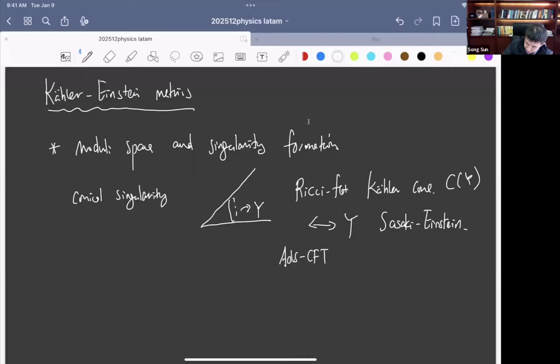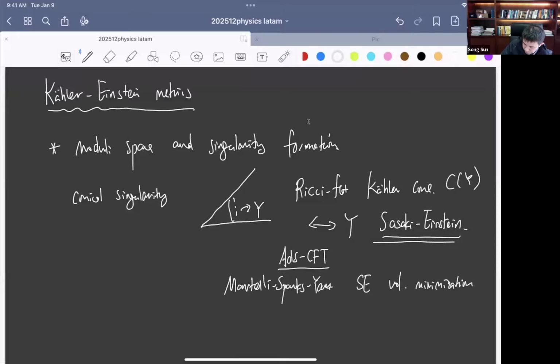But there are some relations using this, in particular by Martelli, Sparks, Yau, Sparks, and other people. So Sasaki-Einstein metrics have a volume minimization property, which I read is dual to some a-maximization in some field theory.